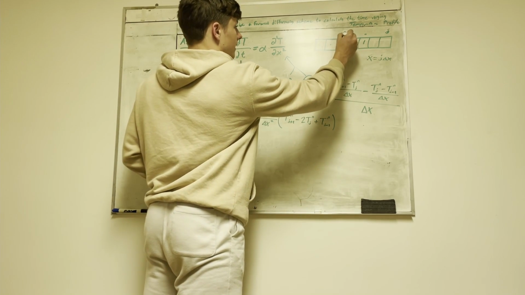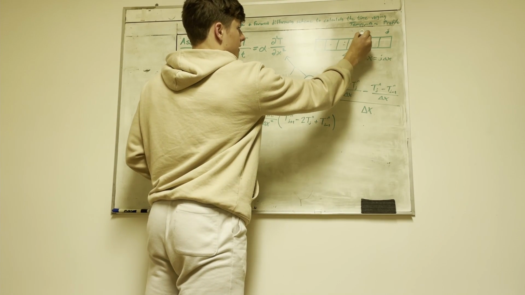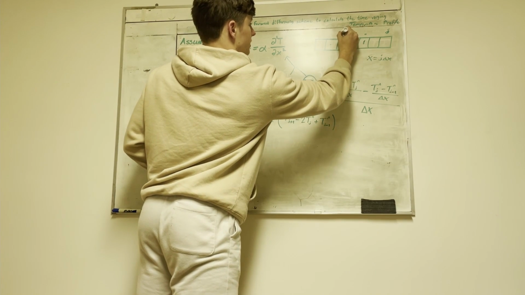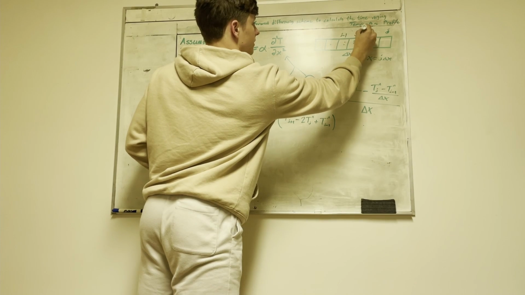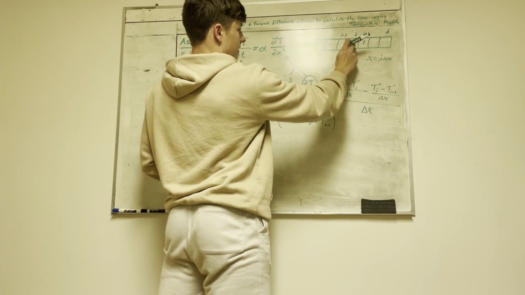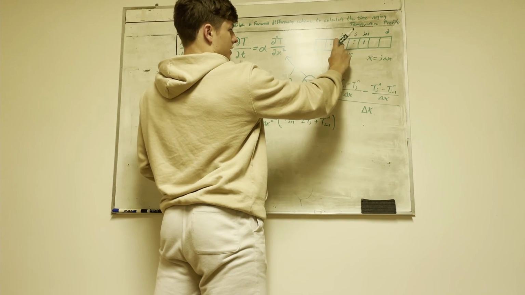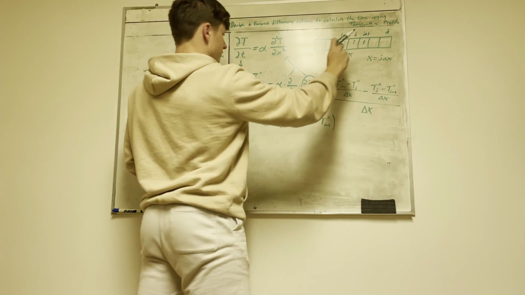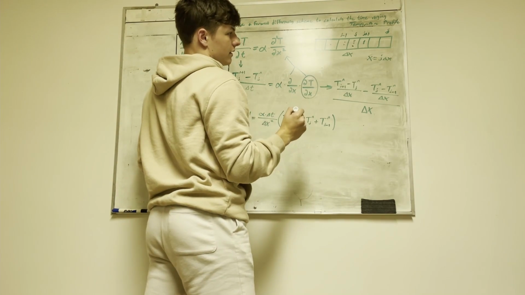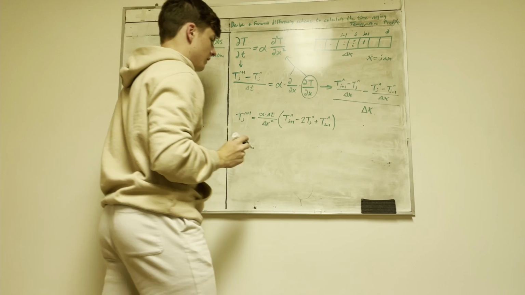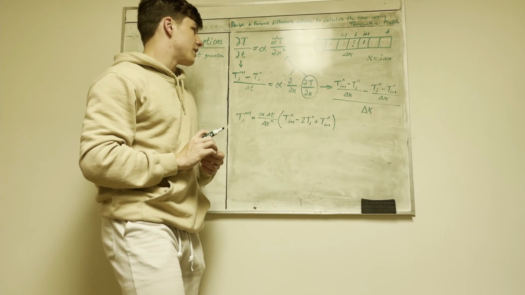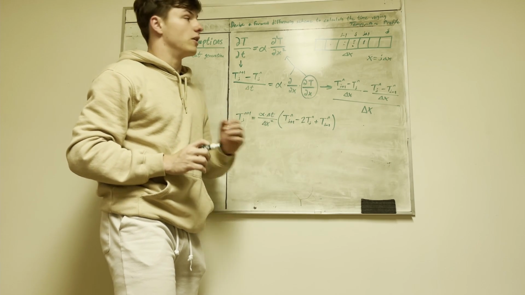So you need the temperature at n, here, here, and here, to find the temperature at, say this is j, this would be j minus 1, j plus 1. So we need the temperature at some time n here, here, and here to find the temperature at a later time n plus 1 at this specified position. And so what we're going to do is use this and put it into Python to calculate the varying temperature profile along this bar.